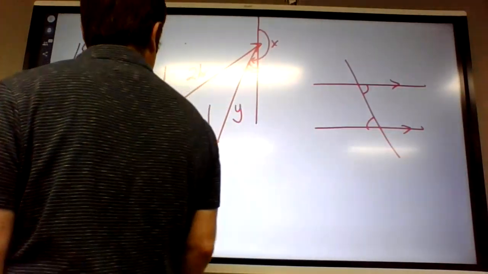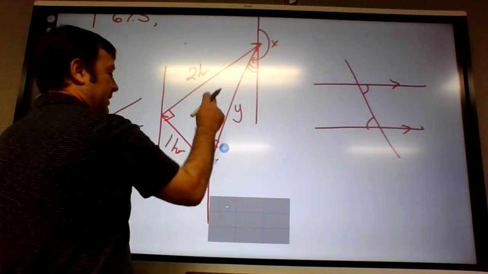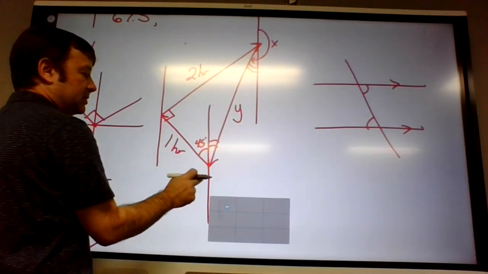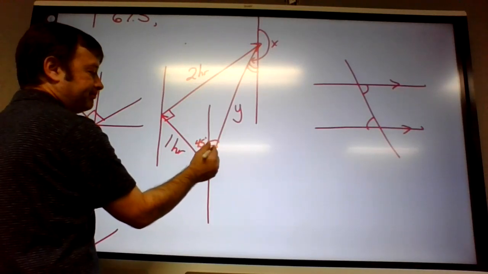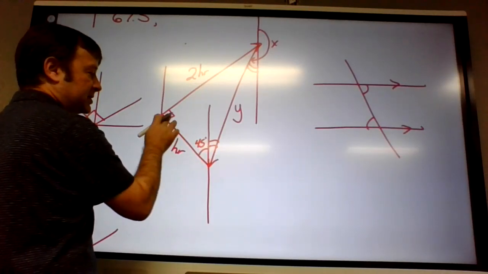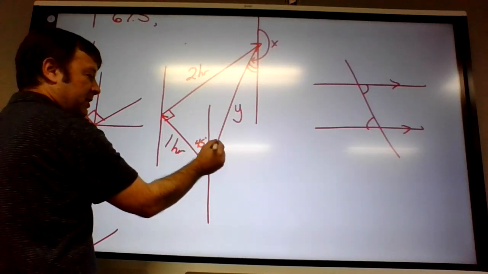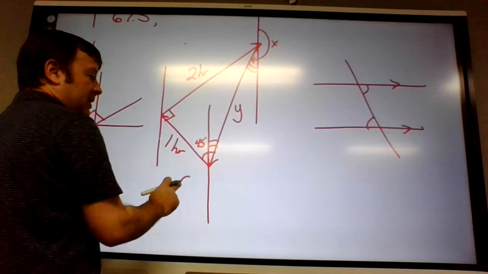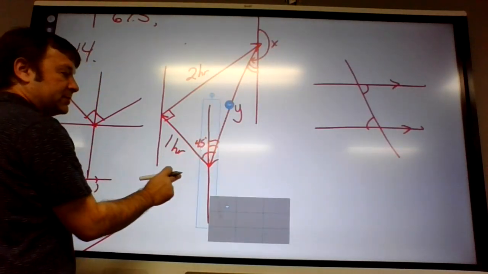Well, how can I find this angle right there? Since it's a right triangle, we could use SOHCAHTOA to help me find the larger angle, from here to here. And do that minus 45, and that would give me this angle.